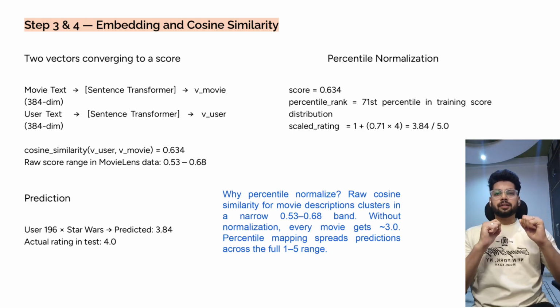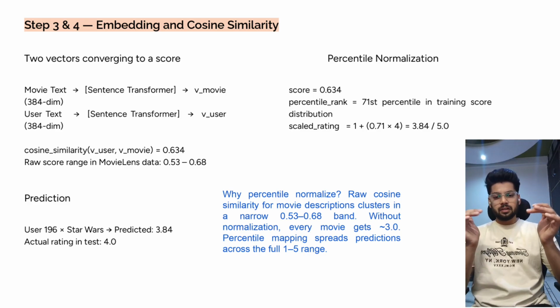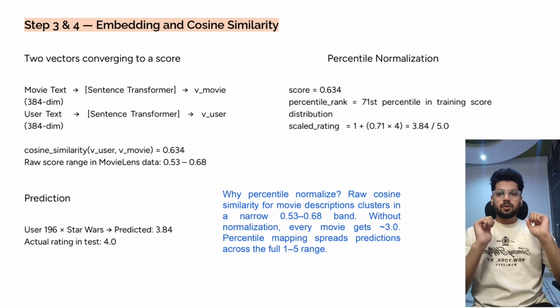Here is an important detail. Raw cosine similarity for the MovieLens content sits in a very narrow band, roughly 0.53 to 0.68. If we directly scale this to 1 to 5 ratings, every single movie will get about 3.0, and that is useless. So we use percentile normalization.